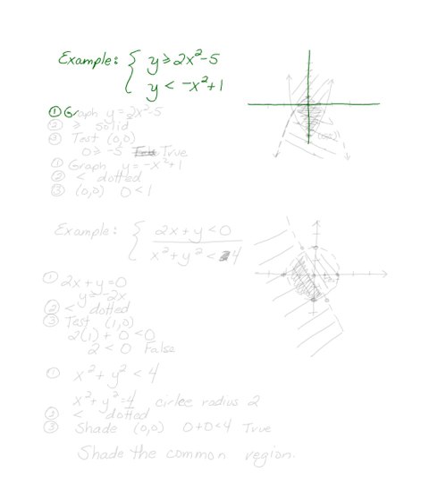So the first thing we want to do is graph y equal to 2x squared minus 5. Now you should recall that that has an intercept at negative 5. So we have an intercept down here at 0, negative 5.